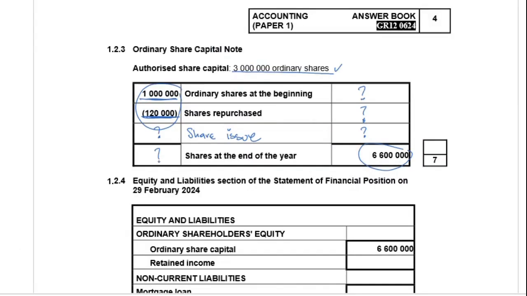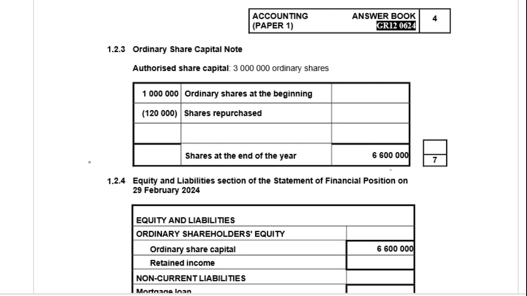There is also no entry in our note for the number of shares in issue at the end of the year, but we are given the value thereof. So we will also have to calculate the number of shares that were in issue at the end of the year. So let's start from the beginning of the note and see what we can calculate.